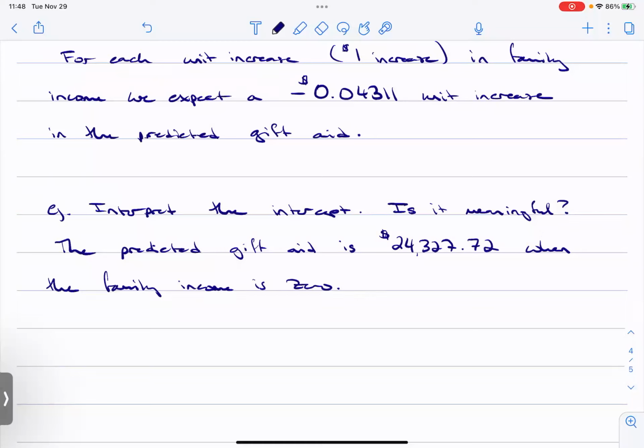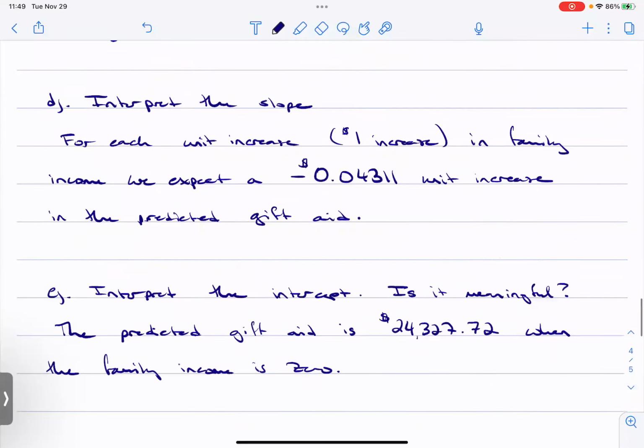Is it meaningful? I could be convinced either way, right? Can you have a family income of 0? Yes, right? Arguably, there would be some sort of assistance, so you would have, you need money, right? But where is it coming from, right? You could argue it either way. So then my go-to move is to look at the scatter plot, right?